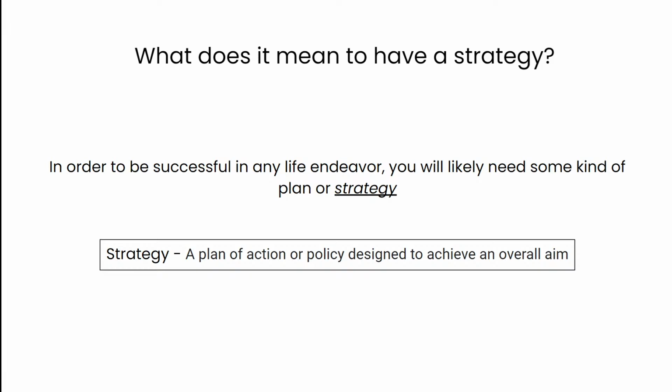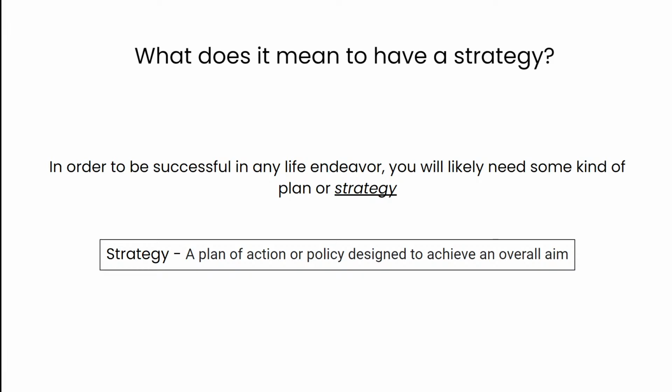Not just in trading. In any life endeavor that you do, you want some kind of plan. That will go a very, very long way. If you go into these things without a plan, without knowing what you're going to be doing, you greatly increase your risk of failing. So strategy is definitely something that you want to have.